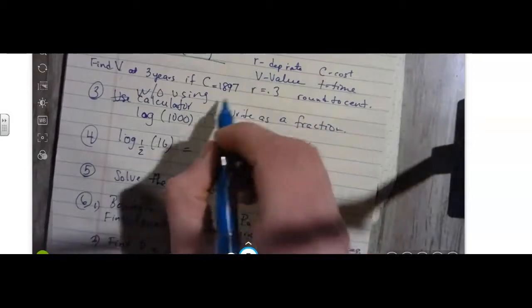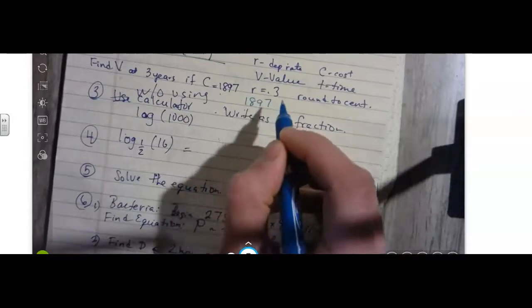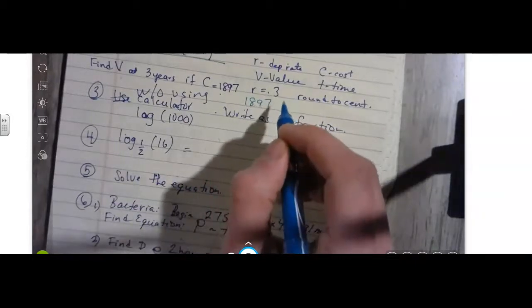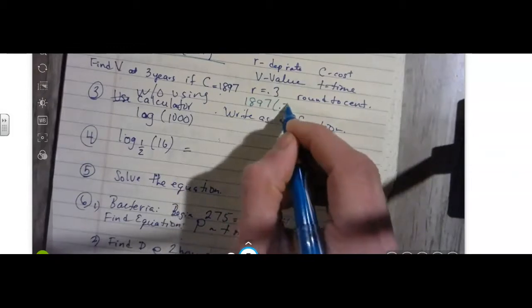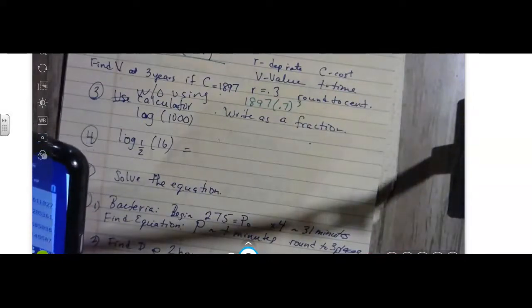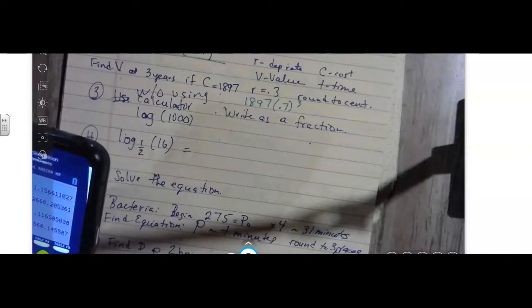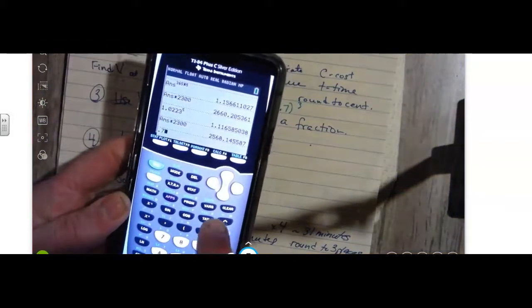Same kind of thing. So you start off with 1897. You do 1897, and then you put in 1 minus 0.7 to the third power. You put that on your calculator. You should get 0.7 to the third power.